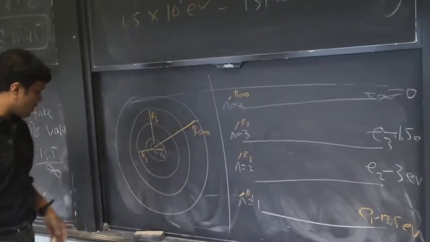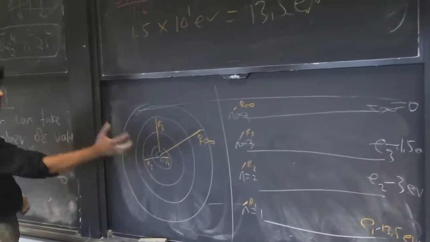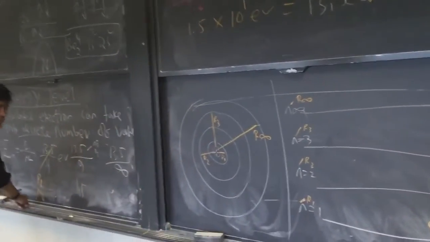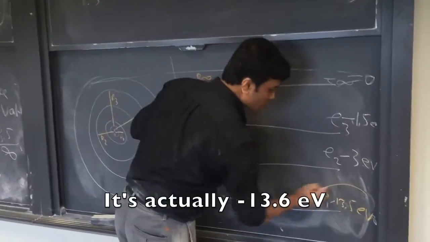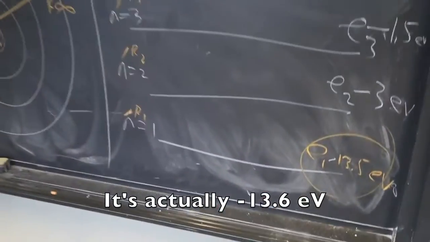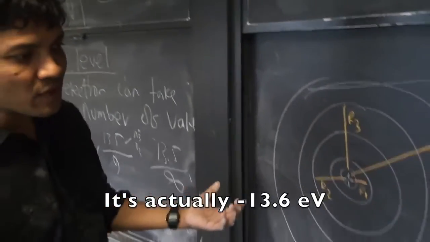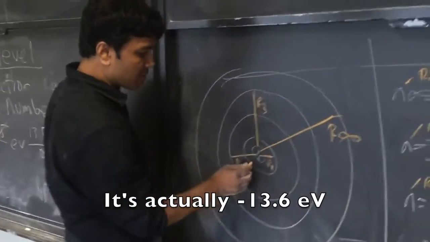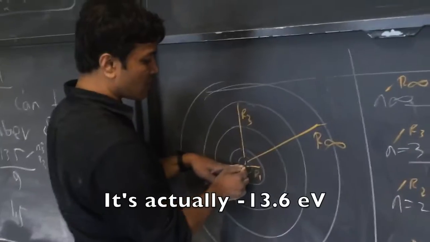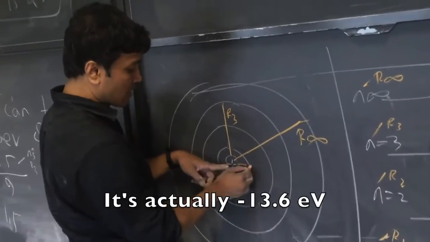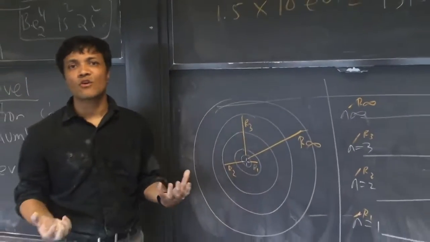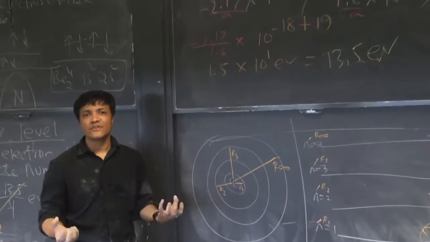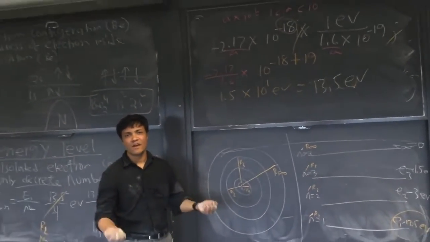Now let's use that information to understand what we have on the left side. At the ground state, the energy is negative 13.5 electron volt. That means the electron is very close to the proton. The proton is happy because it has full control over the electron, since the electron is very close.